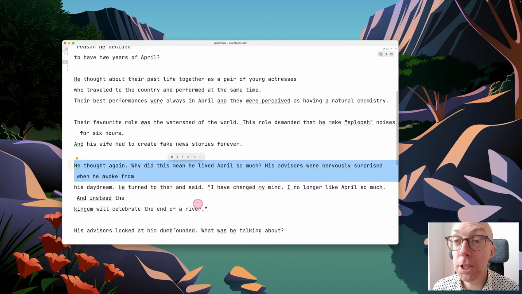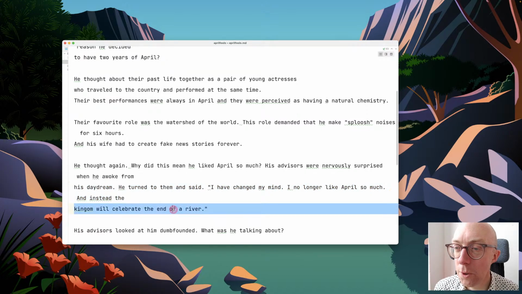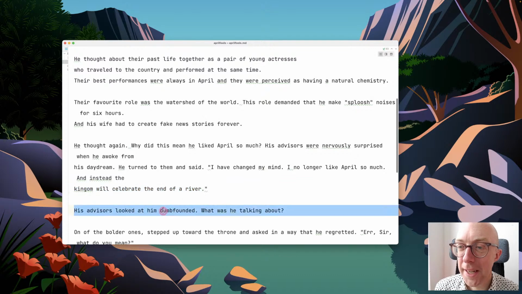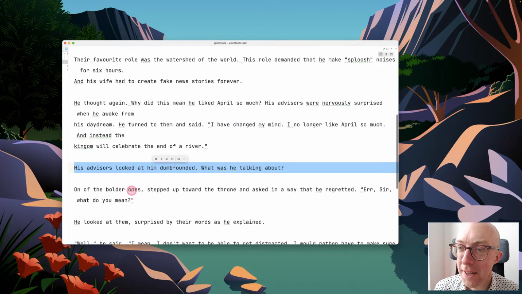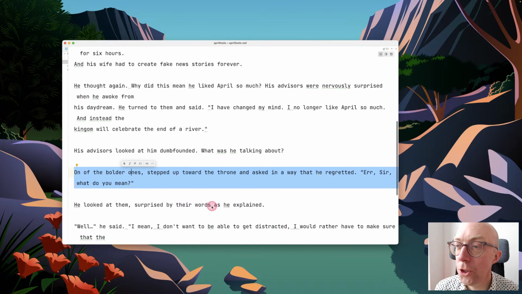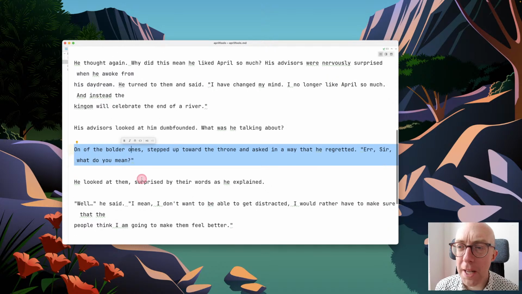His advisors were nervously surprised when he awoke from his daydream. He turned to them and said, "I have changed my mind. I no longer like April so much, and instead the kingdom will celebrate the end of a river." His advisors looked at him dumbfounded. What was he talking about? One of the bolder ones stepped up towards the throne and asked in a way that he regretted, "Sir, what do you mean?"